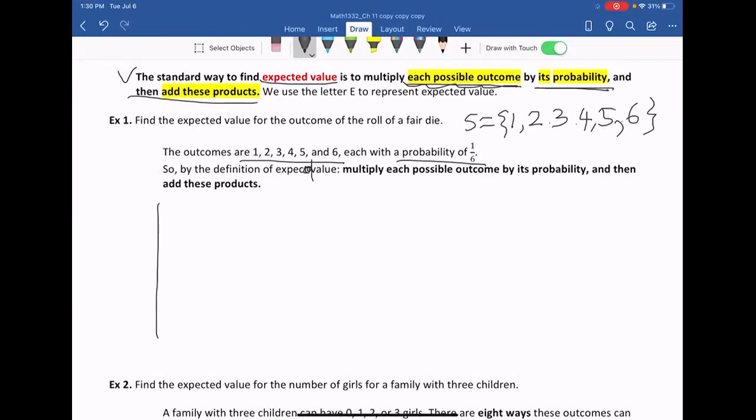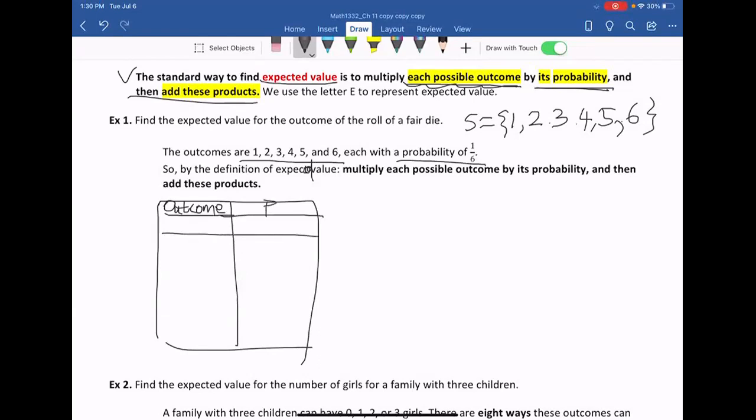So normally I will create a table. The left column, I will put all the possible outcomes here, outcome. And the right column is the probability.